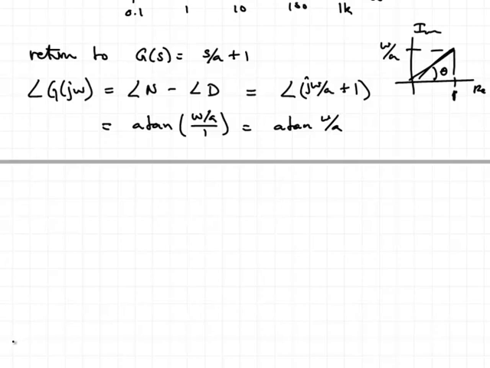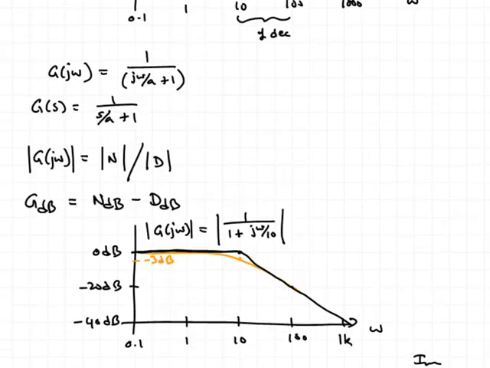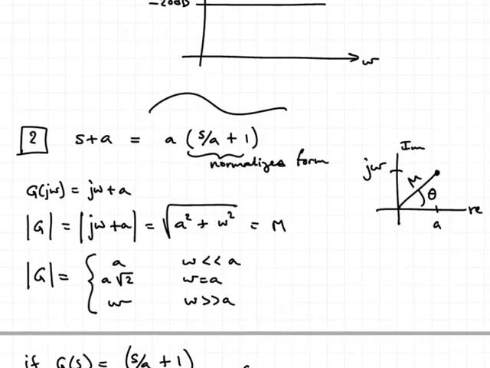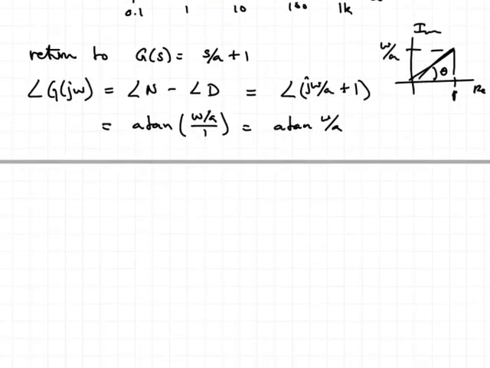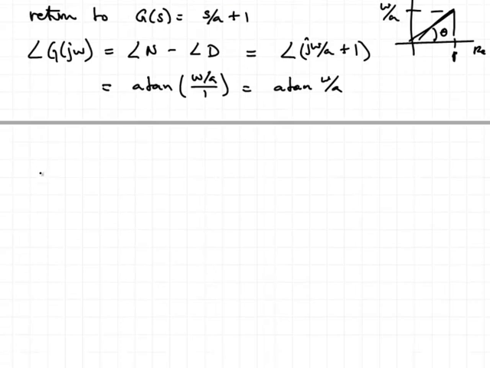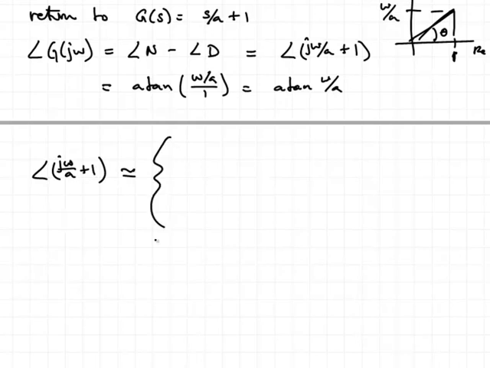And let's see, go back, if we talked about this yet. No, we did not. We did not talk about the angle. So we can approximate this. Angle of j omega over a plus 1 is approximately equal to, now when omega is much, much less than a, then we have essentially the arctan of 0.